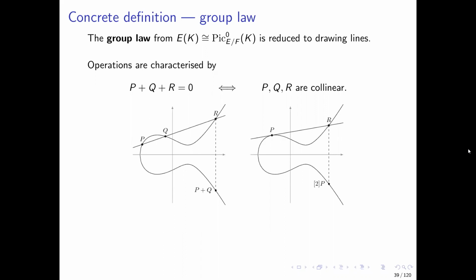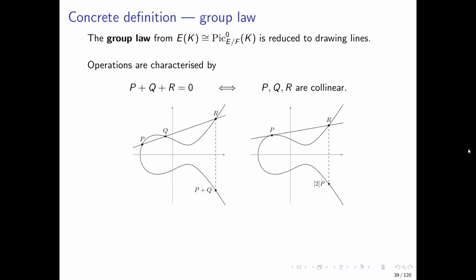What happens if the tangent line over this point does not intersect the curve at a third point? That is only possible if this point is exactly here, right? So if this point is here, the tangent line will be vertical, and then it will not intersect the curve at the third point.